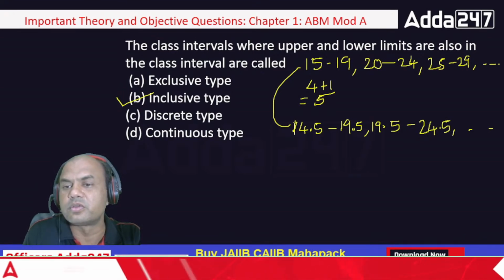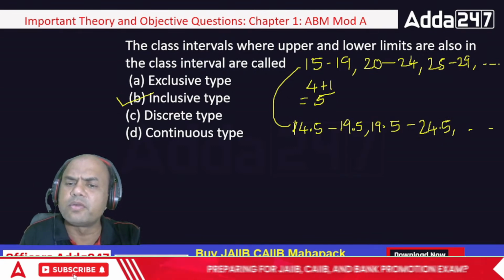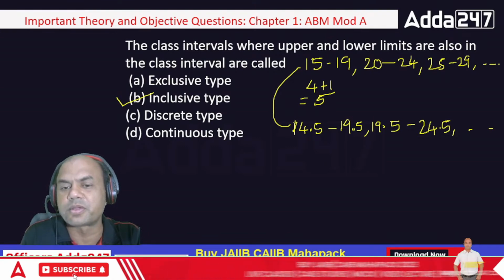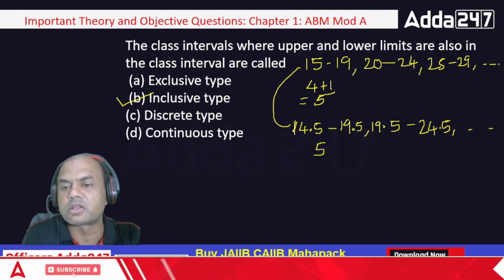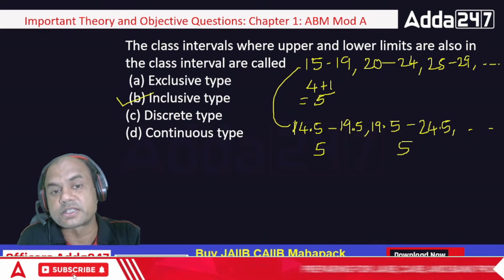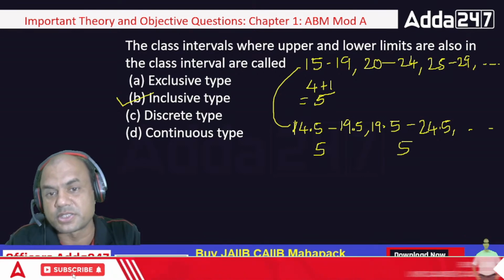Then so on: 24.5 to 29.5. Even then the difference remains the same. 19.5 minus 14.5 becomes 5 again. Here also it becomes 5 again. So class width never changes. Whether it's exclusive type or inclusive type, your class width will never ever change. Okay.